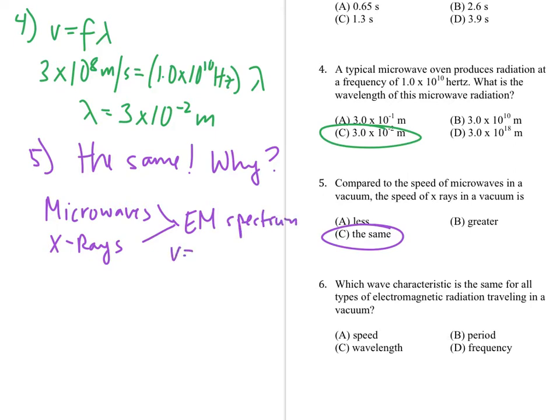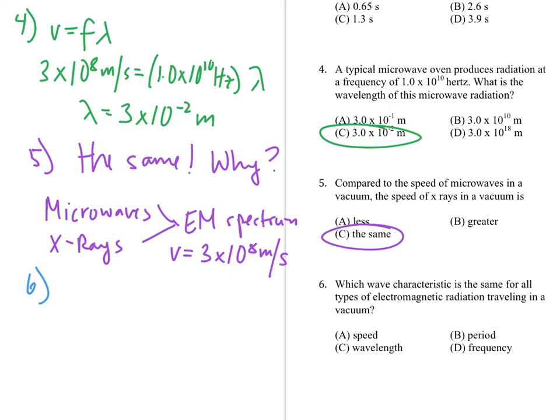Therefore, their speed is still the same speed. They're all types of light waves, all types of electromagnetic spectrum waves. Therefore, their speed is 3 times 10 to the 8th meters per second in a vacuum. Doesn't matter what type of wave it is, they all share the same speed.